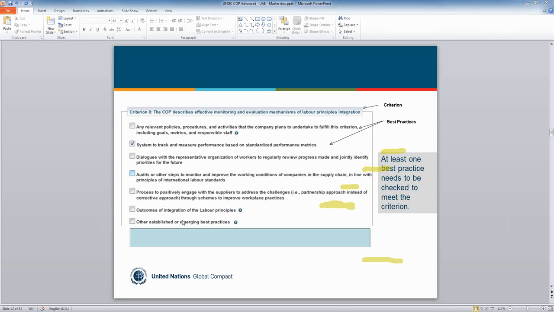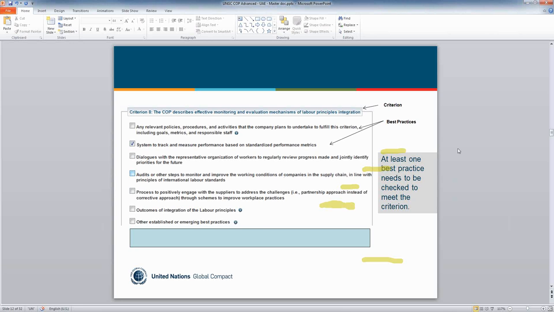That's even more advanced and is even more recognition for the company. However, the minimum standard is at least one best practice. If the company doesn't meet any of the best practices, then the criterion is not met. I hope that's clear.